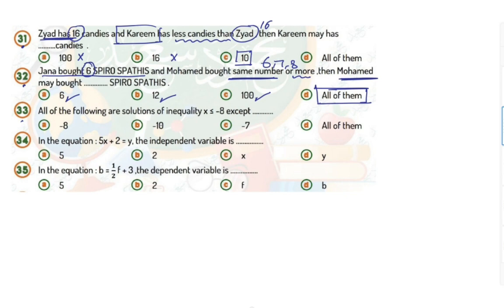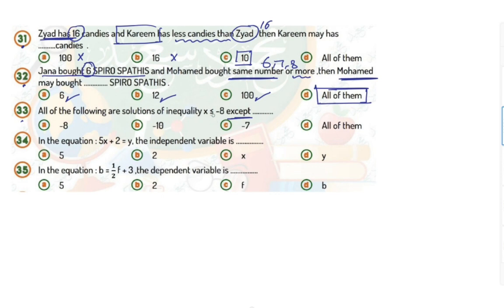33. All of the following are solutions of the inequality x less than or equal to -8, except. So he said that all of these choices are right, but one of them is false. I need to choose the false one. Is -8 a solution?